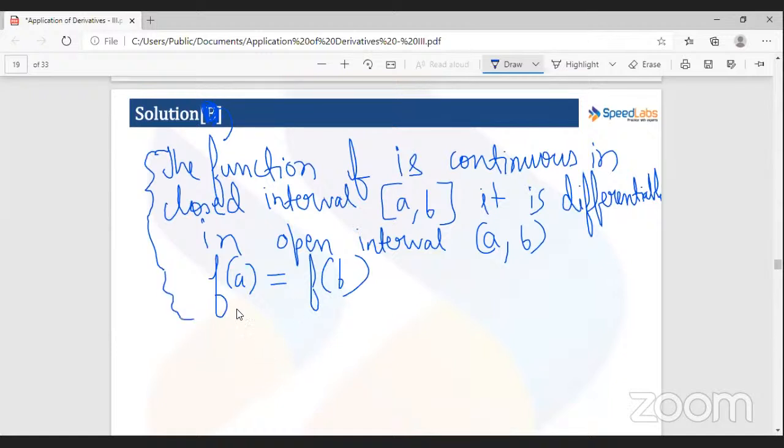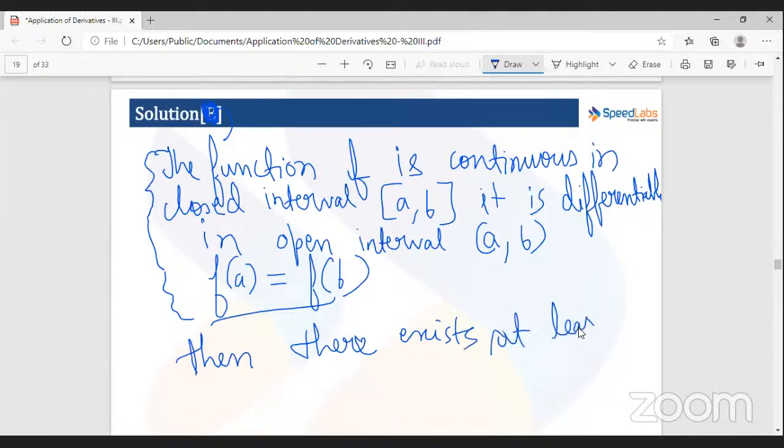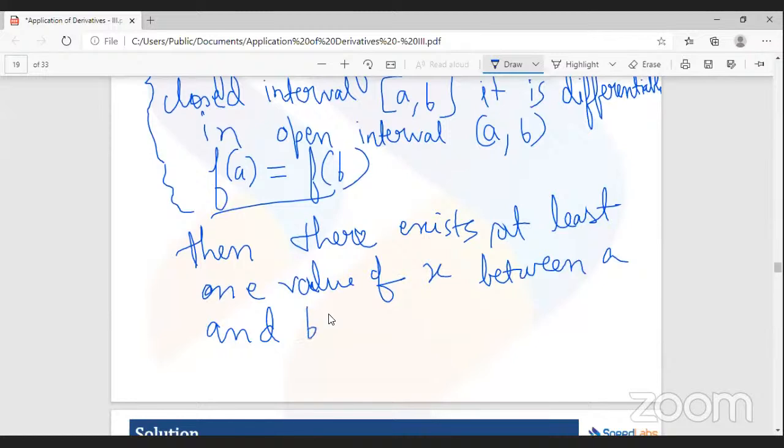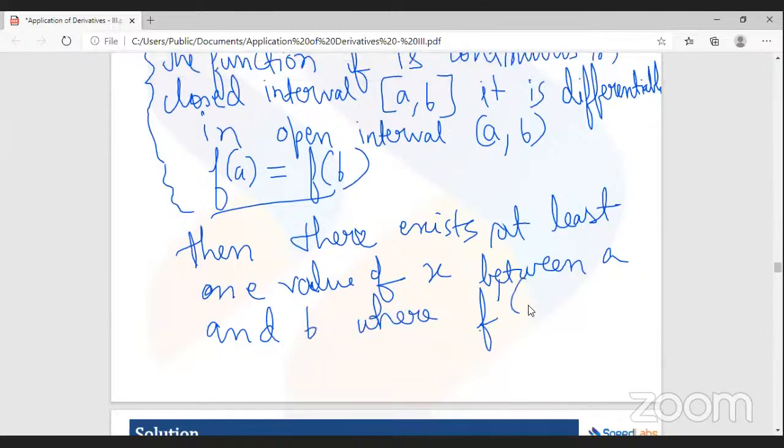If these three conditions are true, then there exists at least one value of x, or we can say c, between a and b, where f dash x is equal to 0.